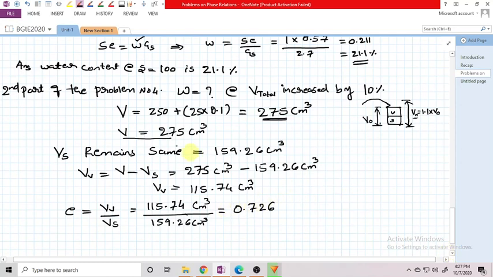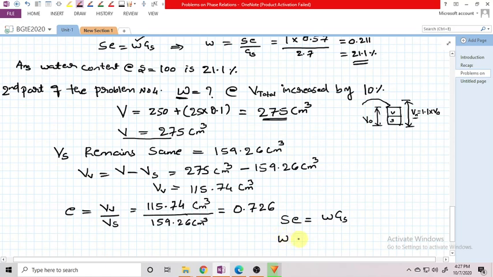Now I want the water content; this is my motto to find out. Coming to the same formula, S e equals w into Gs. So I want w.